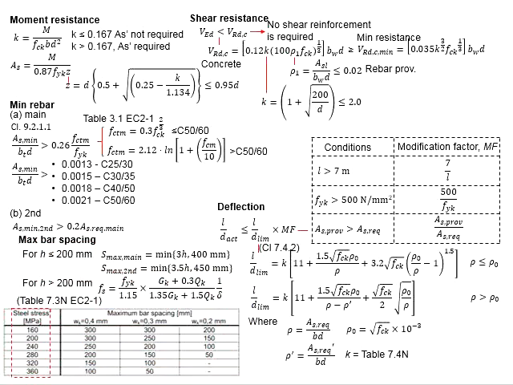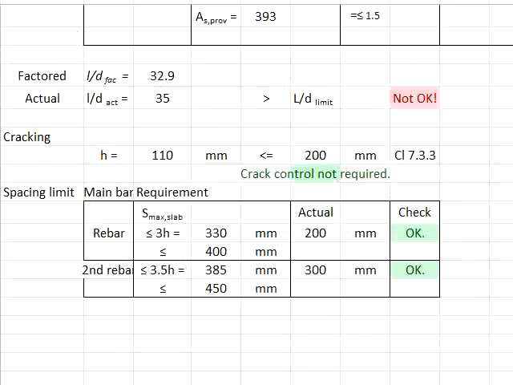Since in this case the h is less than 200 mm, you use these two equations. For the main reinforcement bar, it needs to be less than 3 times the thickness of the staircase, which is 330, or a maximum of 400 mm. In your case here, the actual spacing of the reinforcement bar is 200 mm.